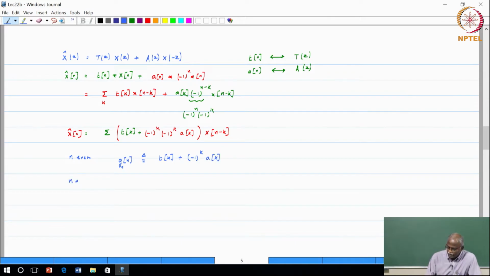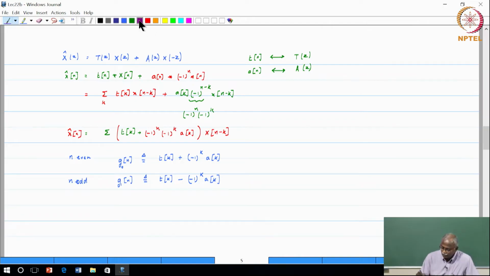Similarly, for n odd, we will get another sequence g1 of n, which is summation t of k minus 1 power k a of k. So, if n is even or n is odd, we get different sequences.